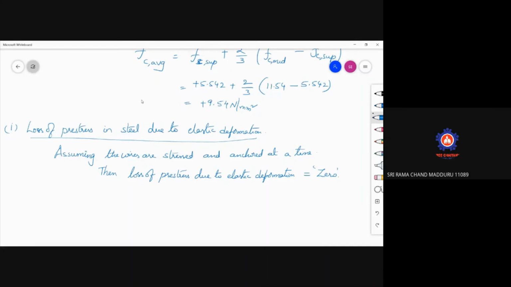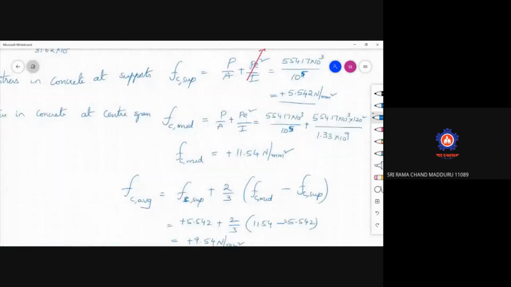That loss is completed. Now the second one, loss of pre-stress due to shrinkage. We know that the loss of pre-stress due to shrinkage is equal to epsilon Cs into Es. Is the epsilon Cs value given in the question or not?